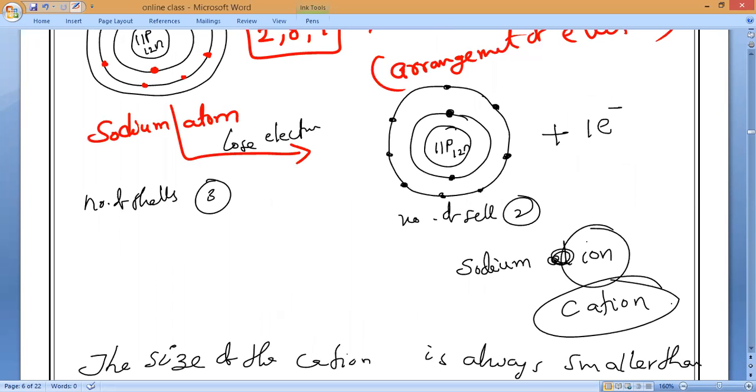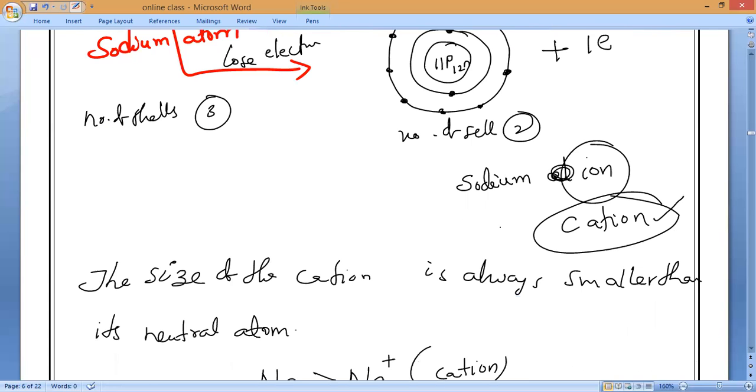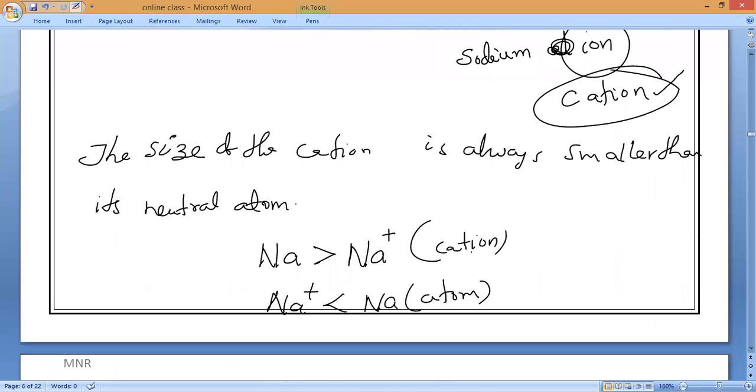Whenever the atom loses an electron, the number of shells decreases, which means the size of the ion decreases. Cation is always smaller than the atom. That is what you have to remember.